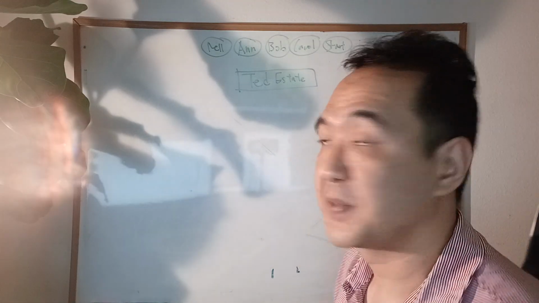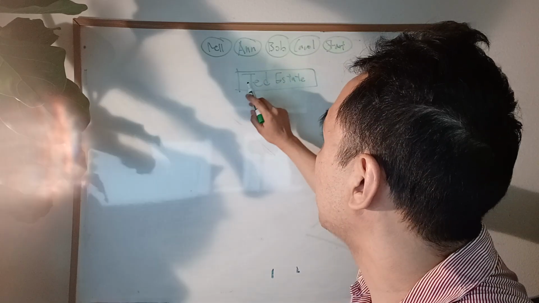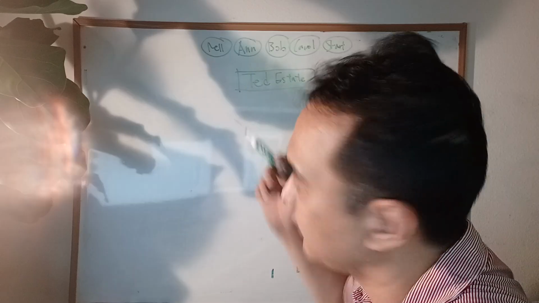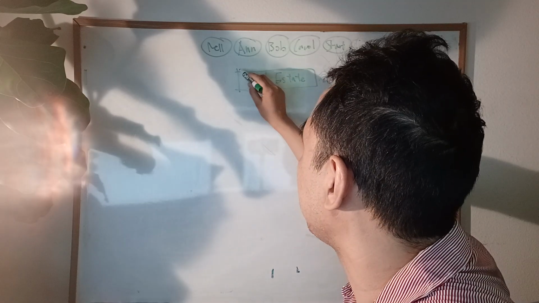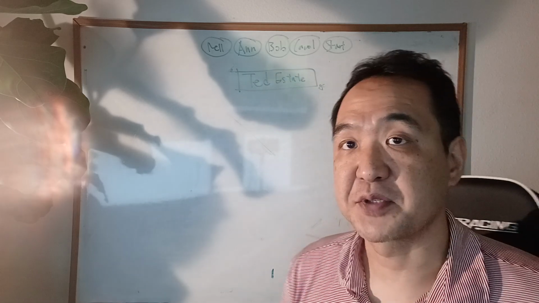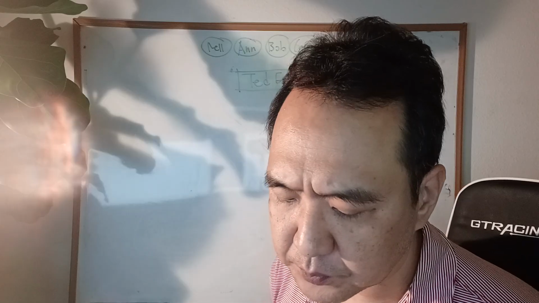So we have all of them here, 1, 2, 3, 4, 5, and we're trying to find out what rights each of them have in Ted's estate, which is here. So let's read the fact pattern and see what we get.